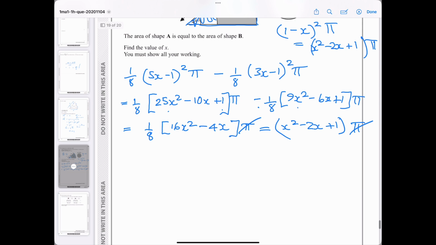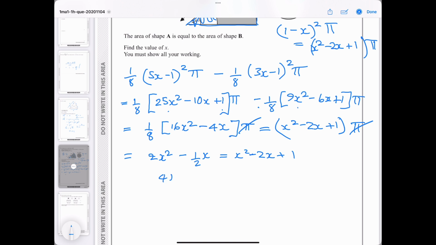What are we going to do next? We're going to have to divide this by 1/8. So we get 2x squared minus half x equals x squared minus 2x plus 1. And now I'm going to times everything by 2 so that I can get rid of the half x.